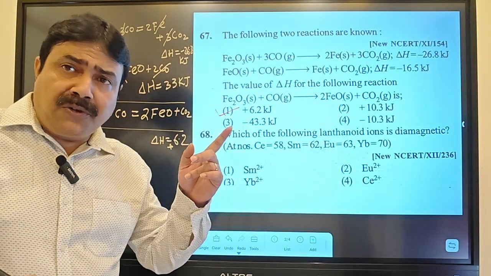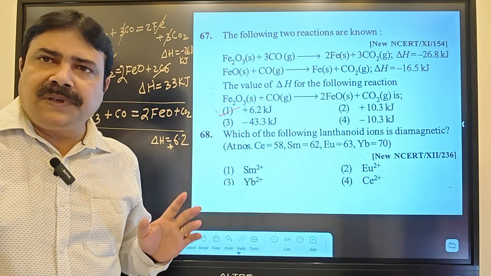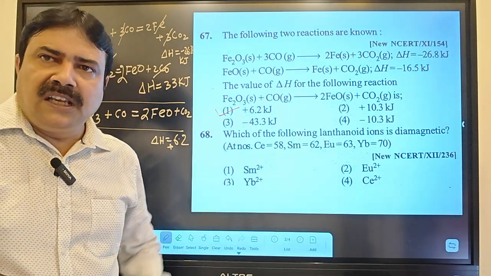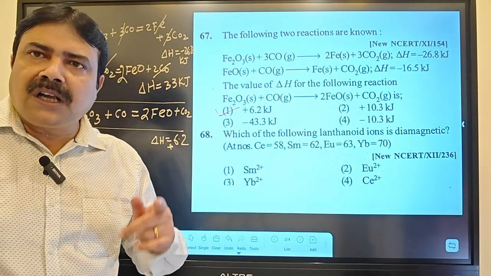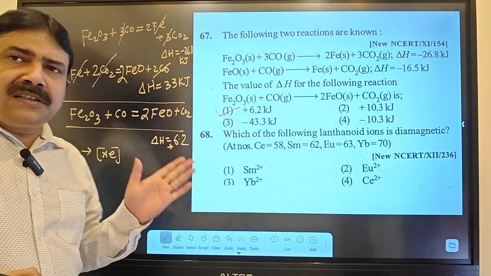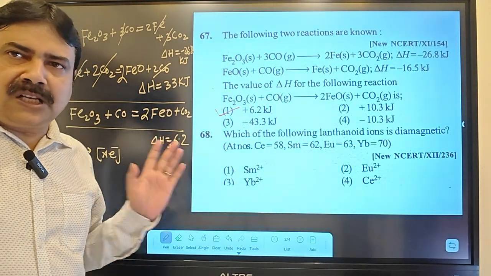Helium, neon, argon, krypton, xenon. Helium is the first period's last element, neon the second period, argon the third, krypton the fourth, and xenon is the fifth period element. For the fifth period, xenon's last valence shell has a 5s2, 5p6 configuration.